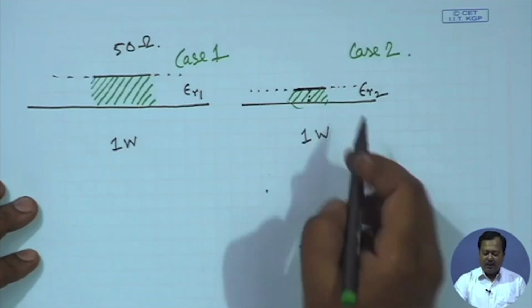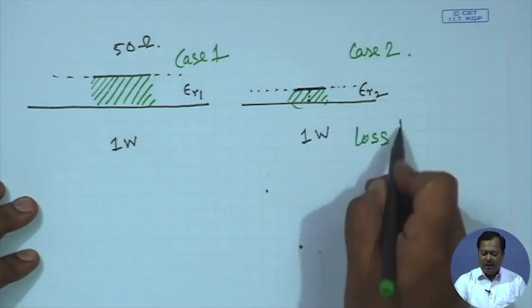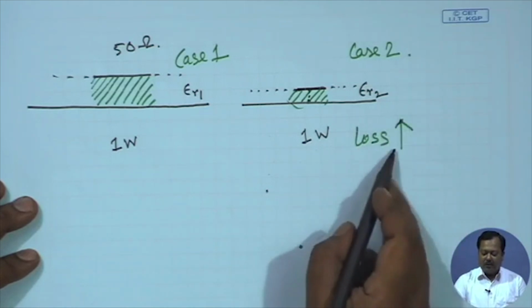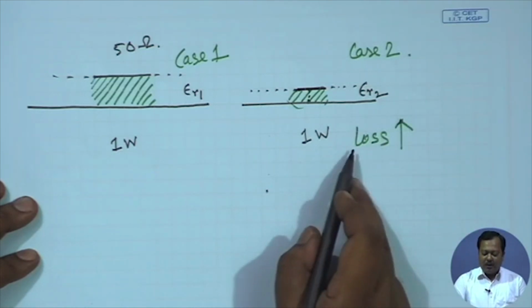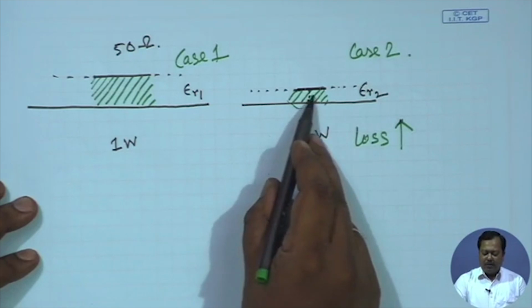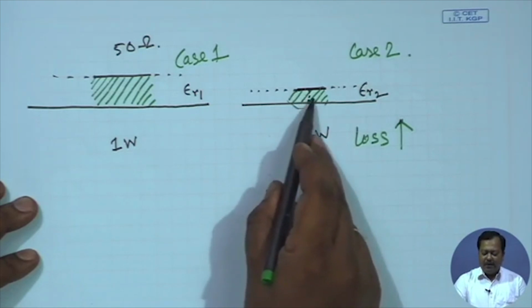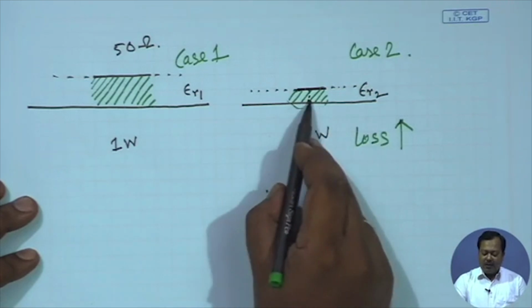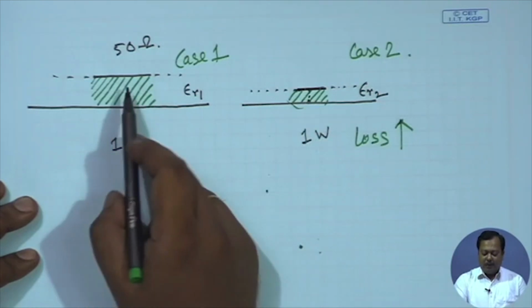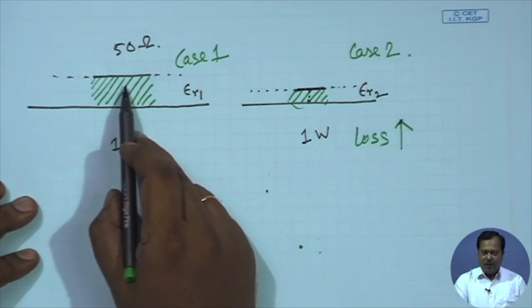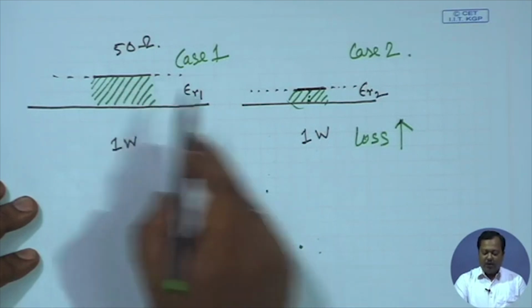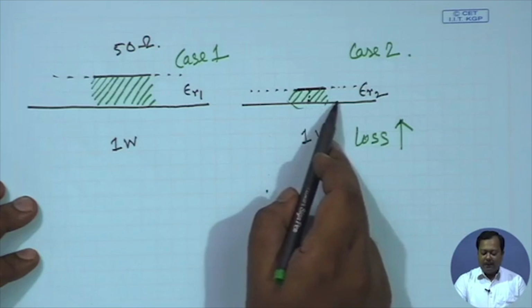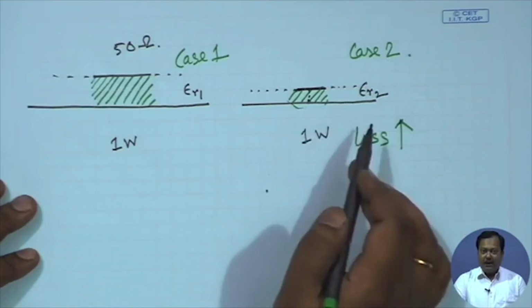So, in this case conductor loss will increase. Not only that, since we are considering higher electric field inside the dielectric, dielectric loss also will increase. So, in general the thumb rule is that if I use a smaller cross sectional area, loss will increase.